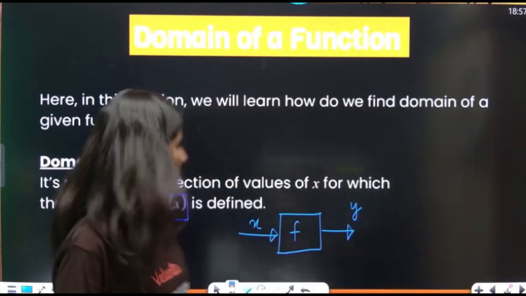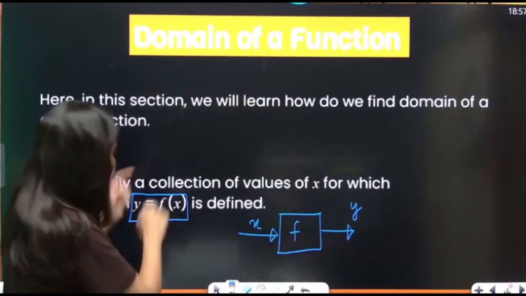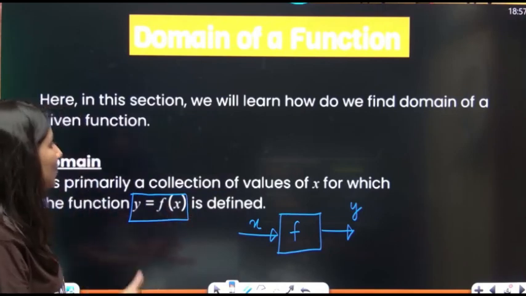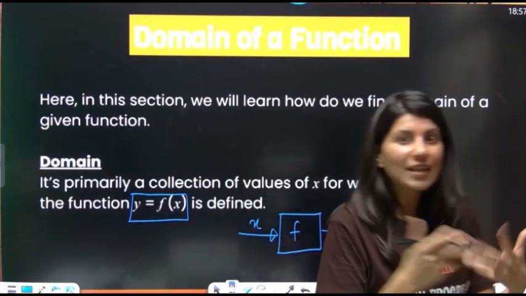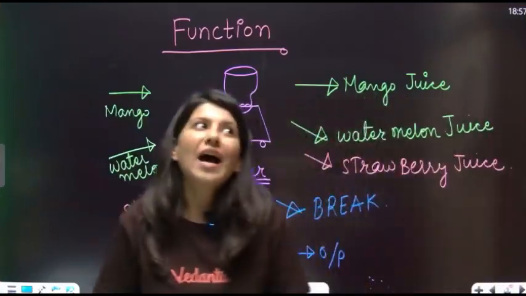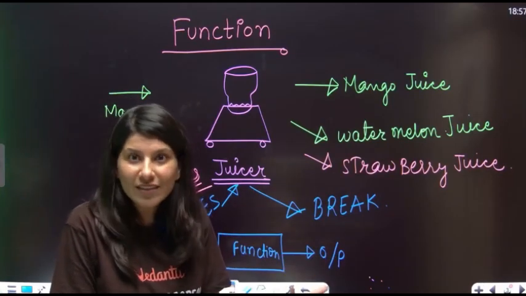Are you getting my point? x, f, y. So you are putting something inside f. This is how we write y = f(x). Now, functions can be of different types. Just like this juicer, you may have a wheat grinding machine with you.